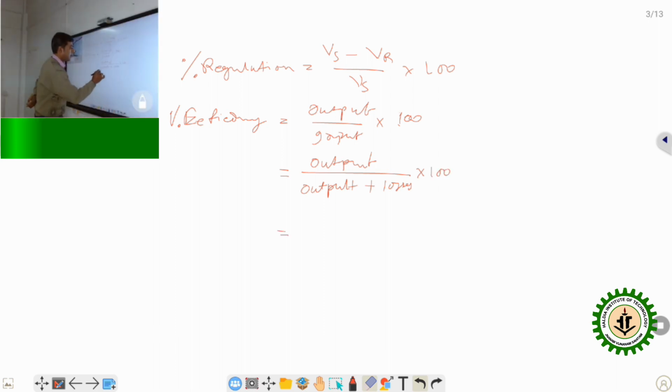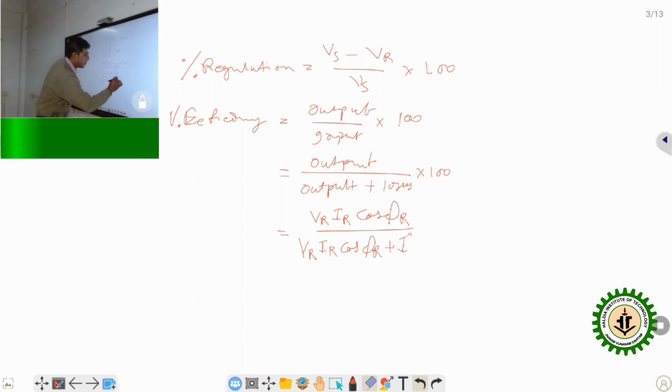Also we can write output means VR IR cos phi r divided by VR IR cos phi r plus I square Z. Z is the impedance.